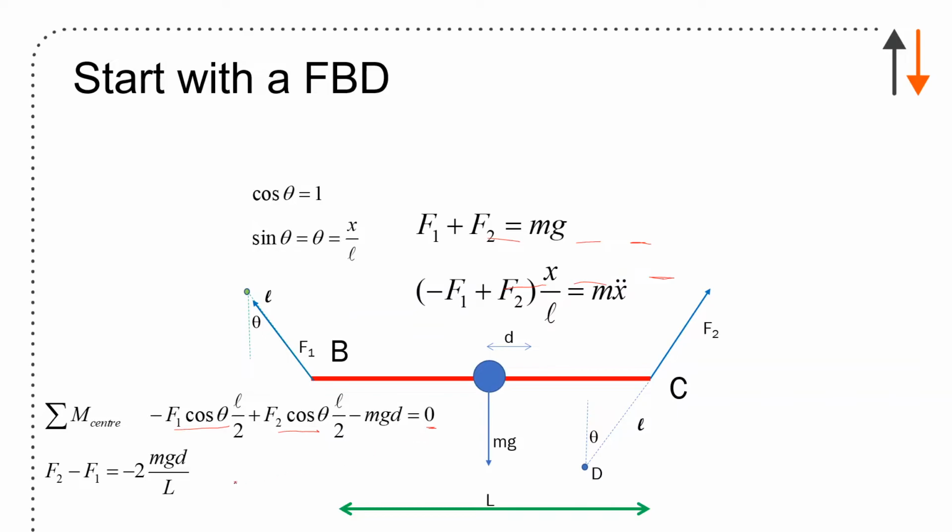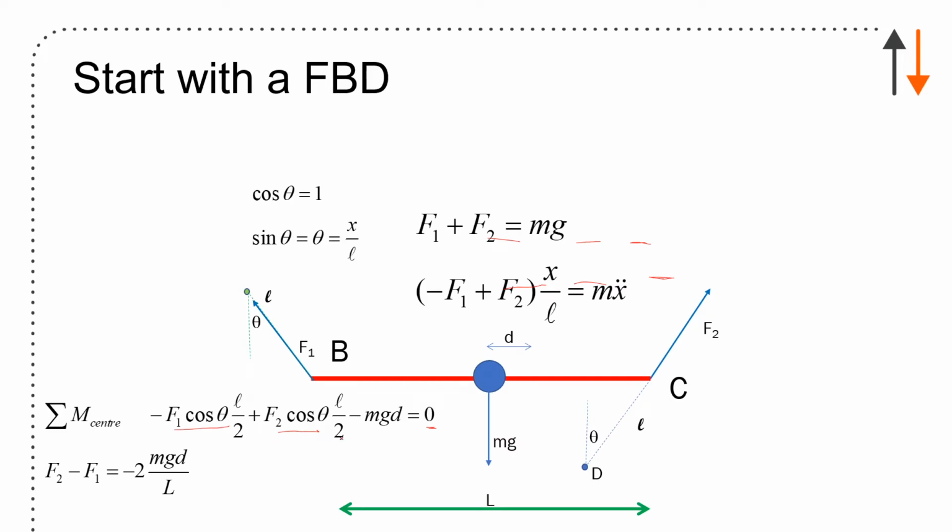So the entire system then goes F2 minus F1, and it's minus 2 mg d over L. Okay, so that all works out really well. Mass of the rod. Okay, so everything's there.